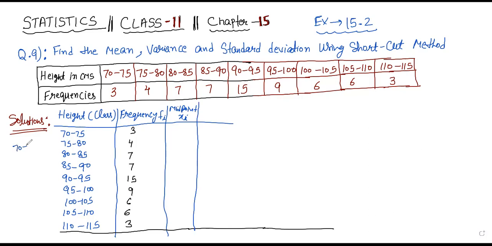Whatever you get will be the midpoint. So you get 72.5, and the next one is 77.5, and the difference is 5.